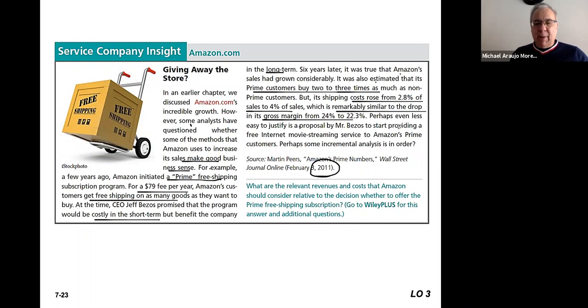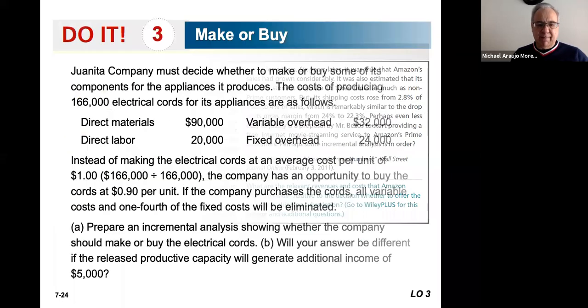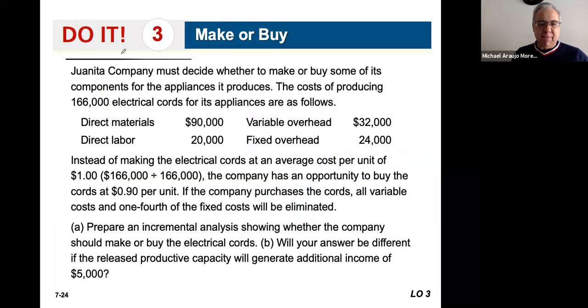He said Prime is actually going to do many other things, like free internet movie streaming and other types of things. So perhaps some incremental analysis would have helped Bezos on this, or he might have decided to do it anyway. Never know.